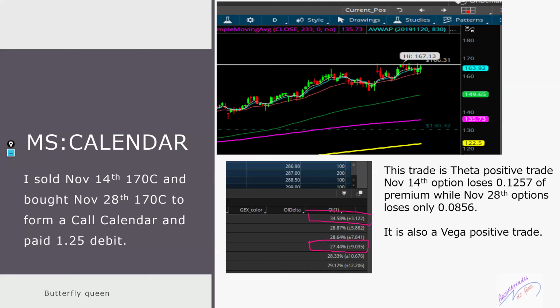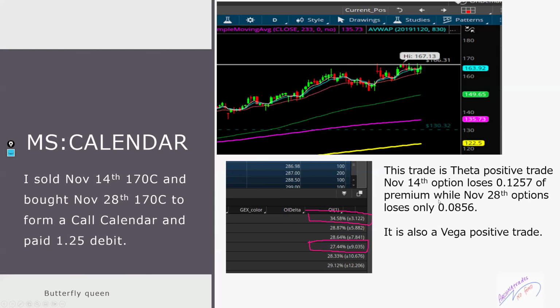If it breaks out slowly, I'm still making money. The only time I'm losing in a calendar or a diagonal is if it does something very fast, because then the Vega changes so drastically that it goes against me.